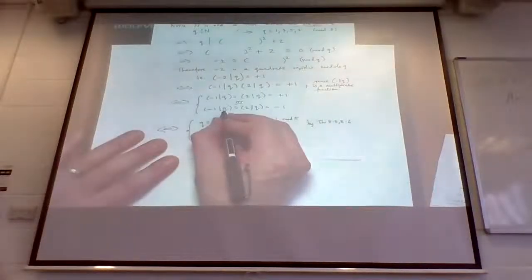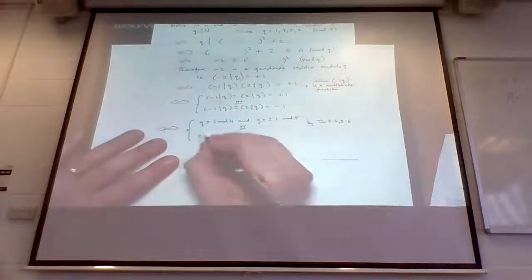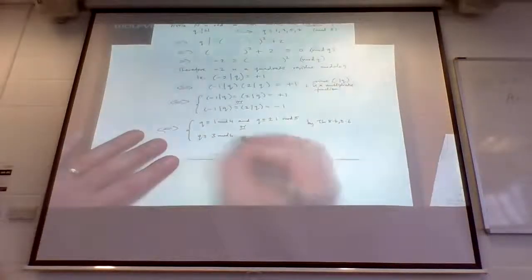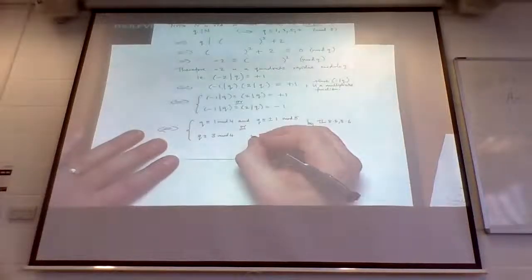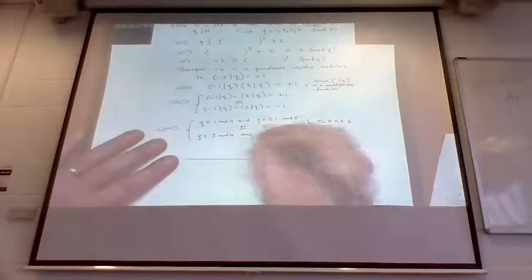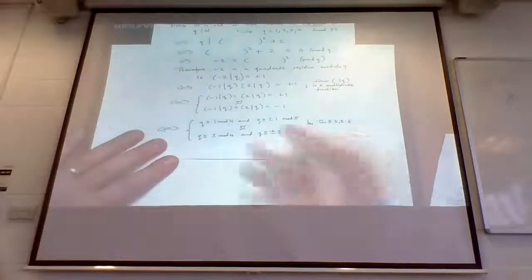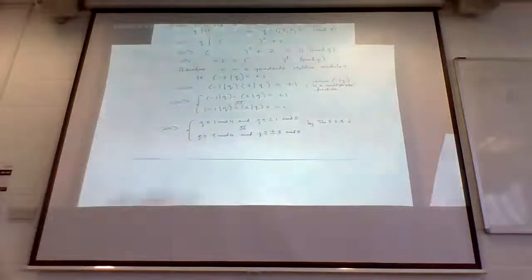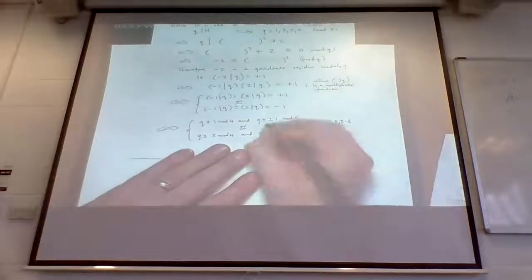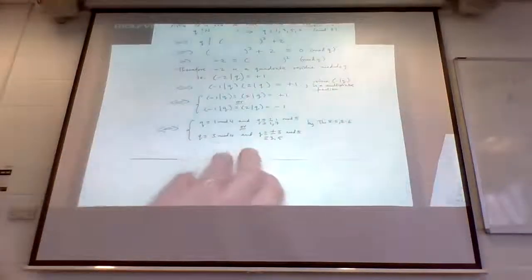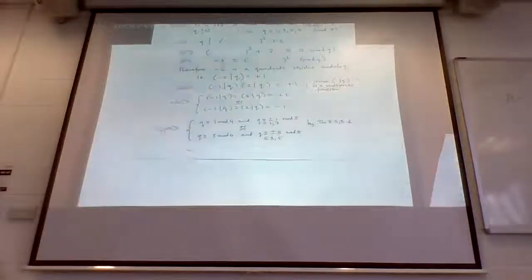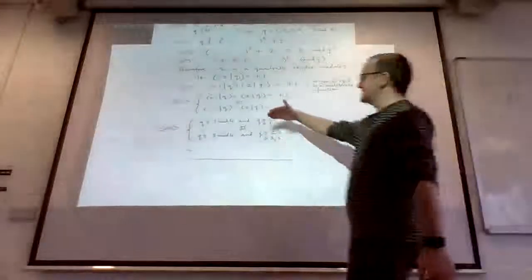If minus 1 modulo q is not a quadratic residue, that was the same as saying q is congruent to 3 mod 4. And if 2 mod q is minus 1, that was q being congruent to plus or minus 3 mod 8, so 3 or 5. This is congruent to 1 or 7. Okay, so it's either this or this.